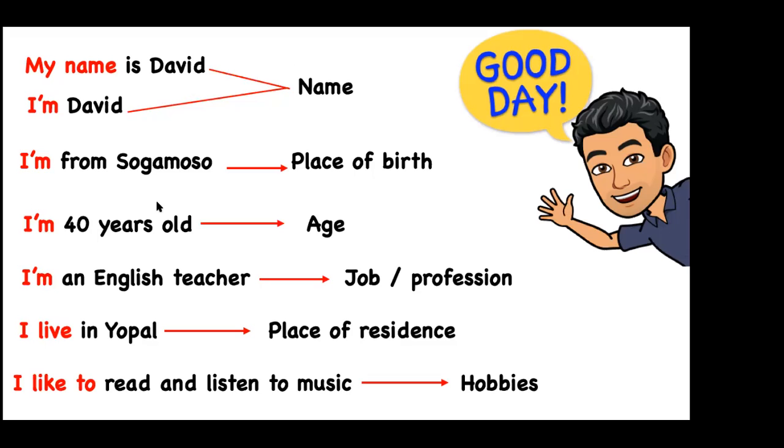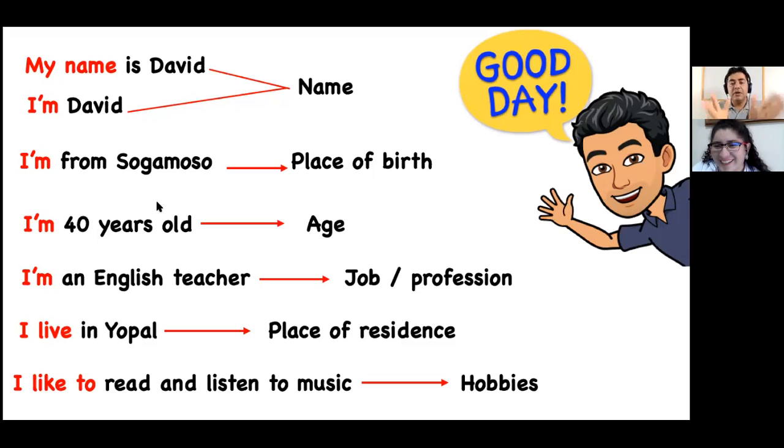For example, lo harían así. Mira cómo yo lo hago. Look at me. You can say, hello, my name is David, or I'm David. I'm from Sogamoso. I'm 40 years old. I'm an English teacher. I live in Yopal, and I like to read and listen to music.